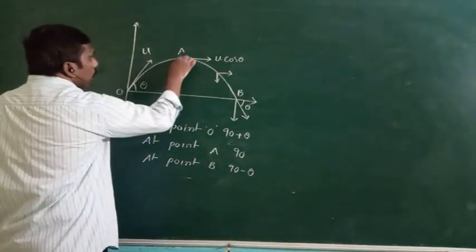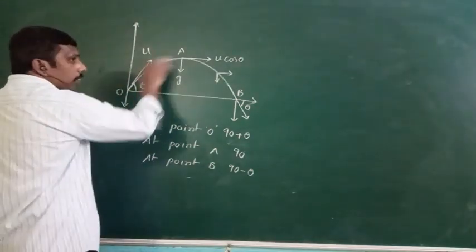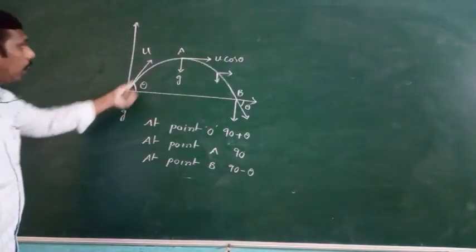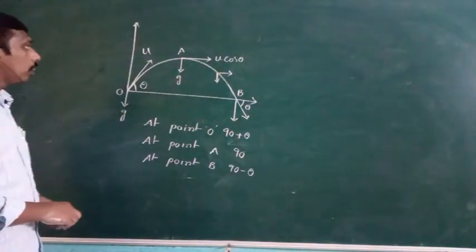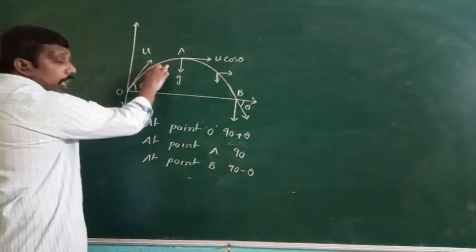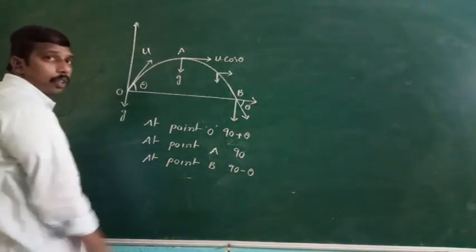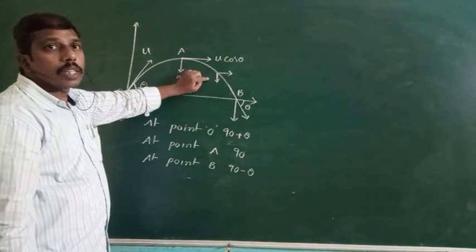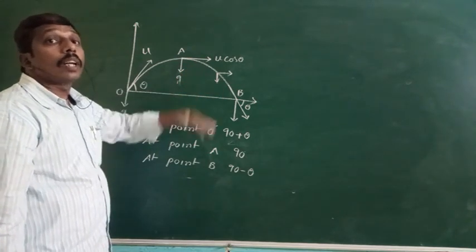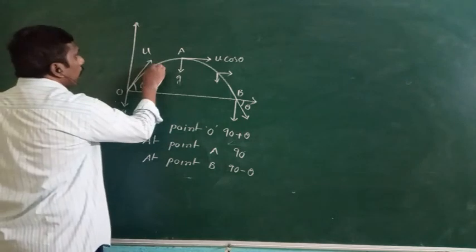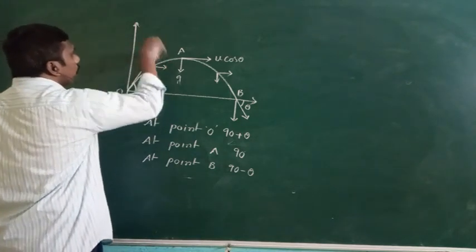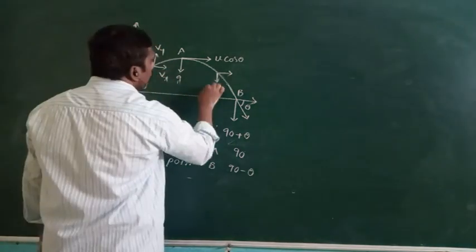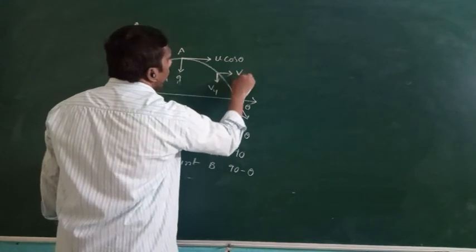Up to the time of ascent, or maximum height, what happens? Vertical component of velocity gradually decreases and finally becomes 0. Again in the time of descent, vertical component of velocity gradually increases but reverses its direction. At this point, this is the direction of velocities Vy and Vx.